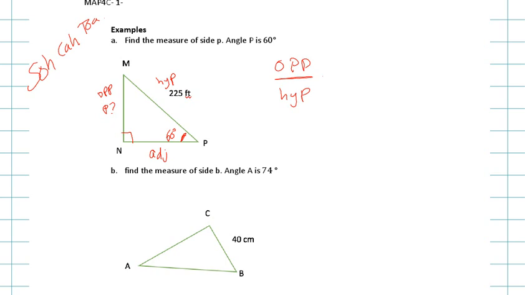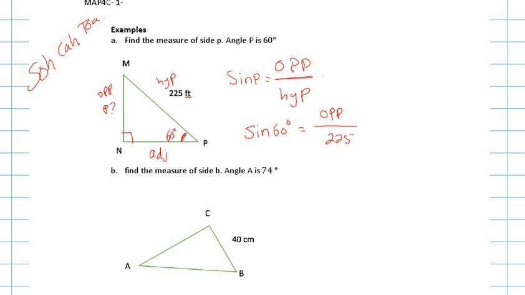What's the opposite? I don't know. Over hypotenuse, which is 225. So I labeled my triangle, wrote the formula, chose the formula that I want, and plugged in the information.